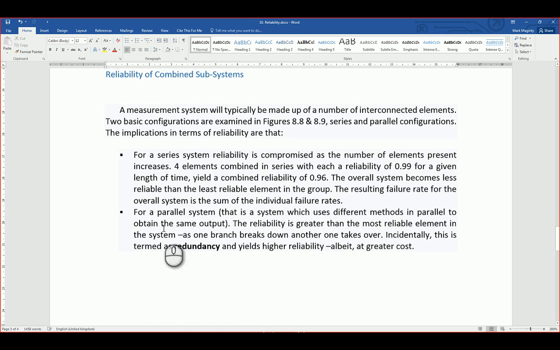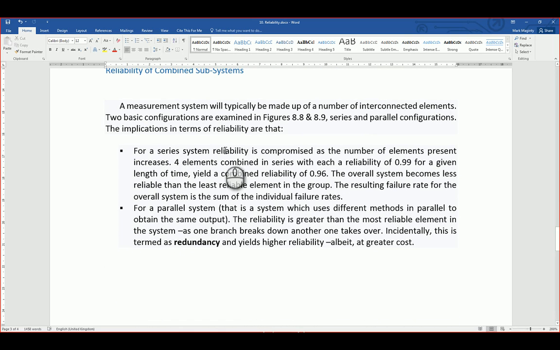So the subsystems. A measurement system can and will typically be made up of a number of interconnected elements. Two basic configurations are shown in the figures displayed here: series and parallel. They're basically a row of boxes with lines coming in and out, an input and output from each system, all linked together in a straight line, which is the series version.